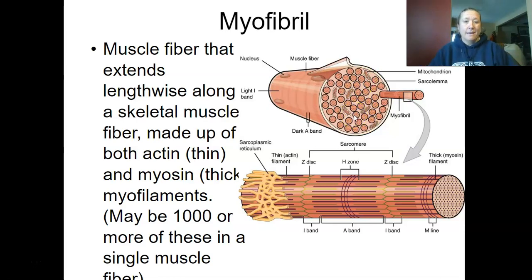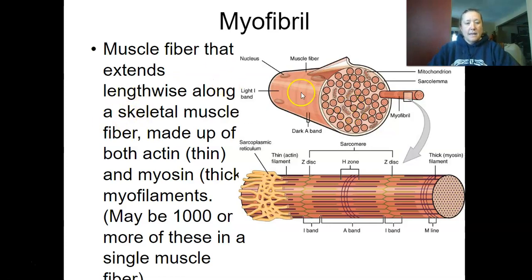Myo stands for muscle and fibril for fiber. They're thin, very small, and composed of a couple different proteins called actin and myosin that we will learn about in a few minutes. They have the contractile units for muscles to be able to actually contract and move.